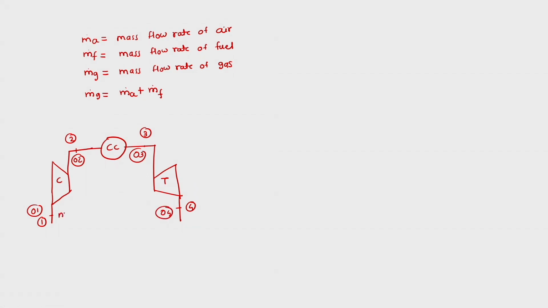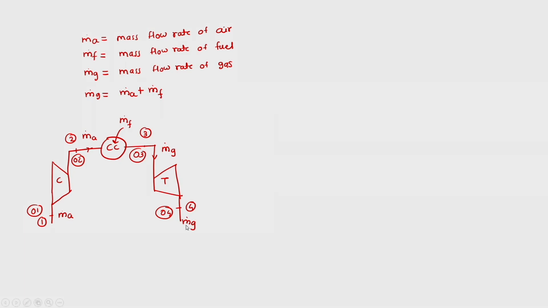In the compressor we have air going in, and at the outlet of the compressor we have air coming out. In the combustion chamber we are adding m dot f, which is the fuel flow rate. So to the turbine we are passing m dot g, and from the turbine we have m dot g coming out.